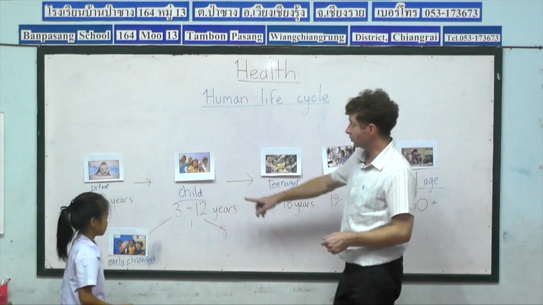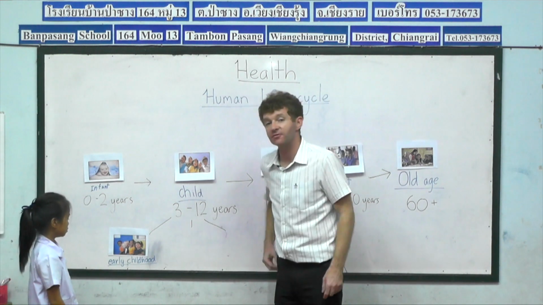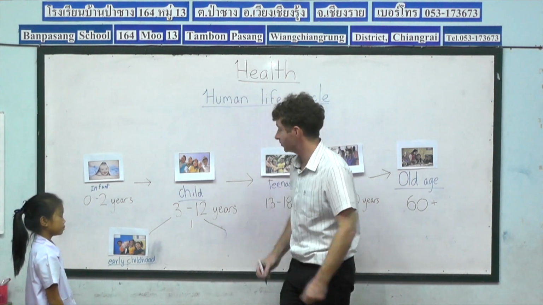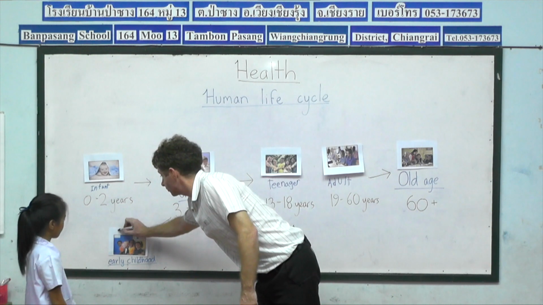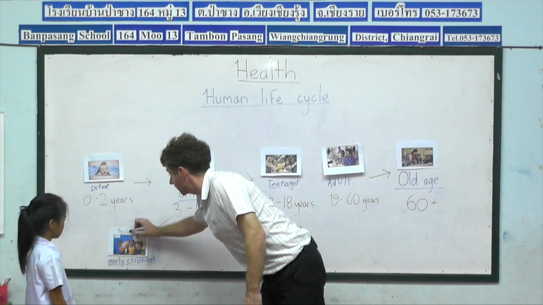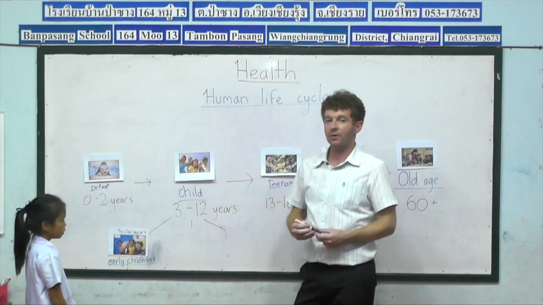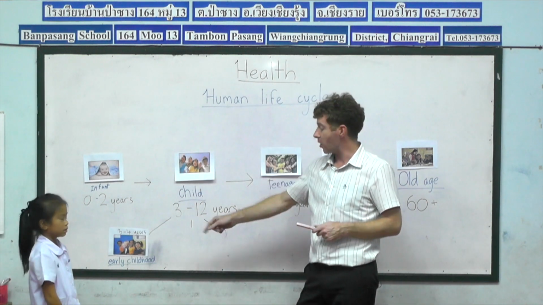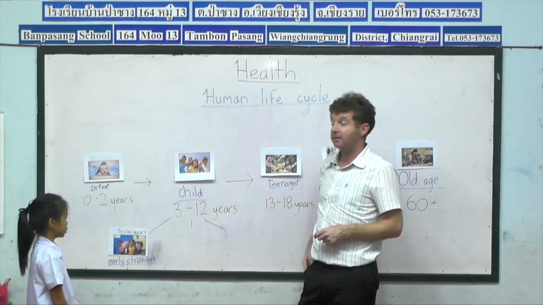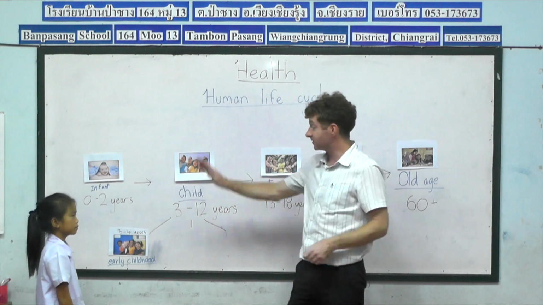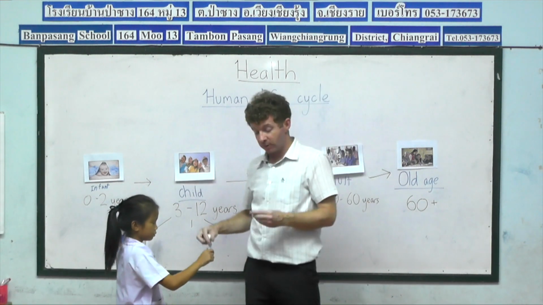Well done. So you can see the first stage of childhood is early childhood. And early childhood will be around 3 to 4 years. Okay? So one more time, early childhood. Prau, that was excellent. High five and a big round of applause for Prau, guys.